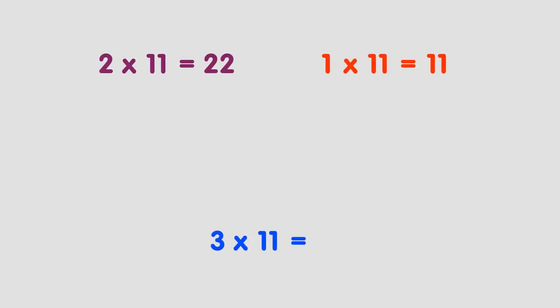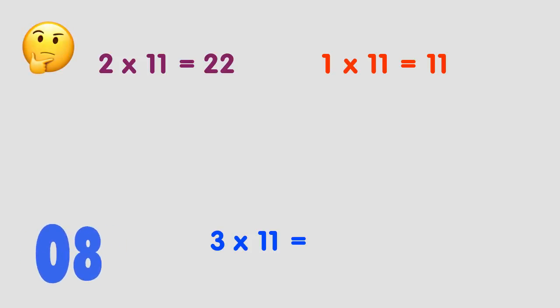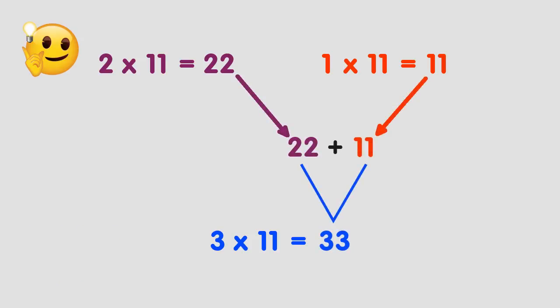If 2 times 11 is 22, and 1 times 11 is 11, how much is 3 times 11? You are right again. The answer is 33. 3 times 11 equals 33.